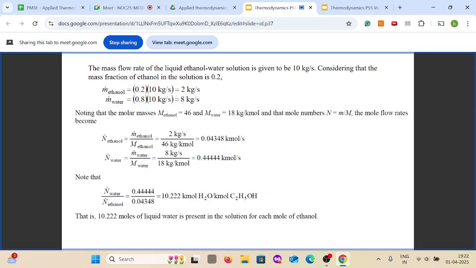If you find the ratio, we get 10.22 moles of liquid water present in the solution for each mole of ethanol.